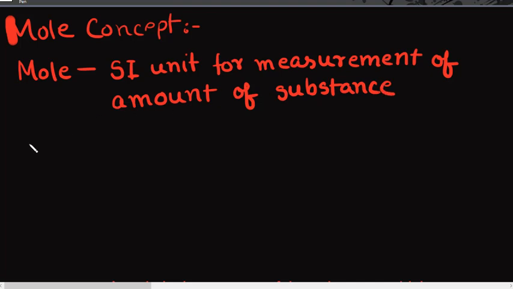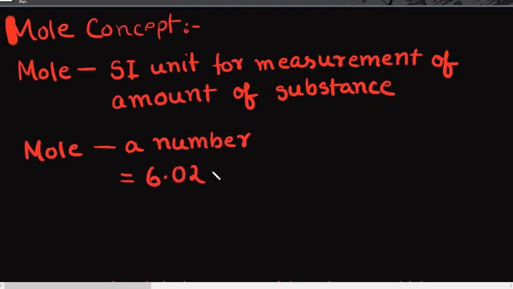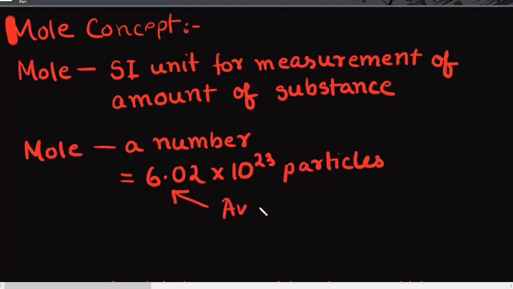So a mole is nothing but just a number whose value is equal to 6.02 into 10 to the power 23. And this number, 6.02 into 10 to the power 23, is known as Avogadro's number.